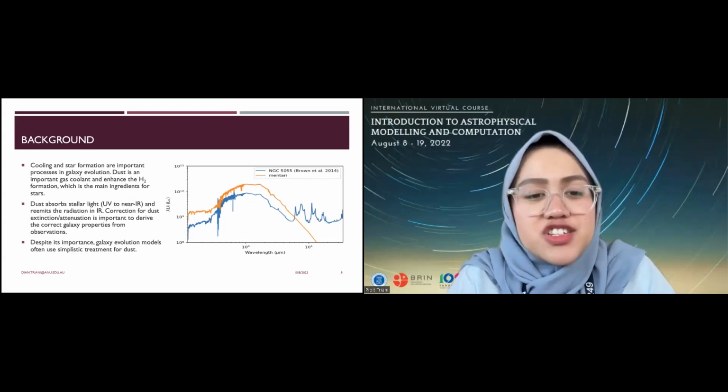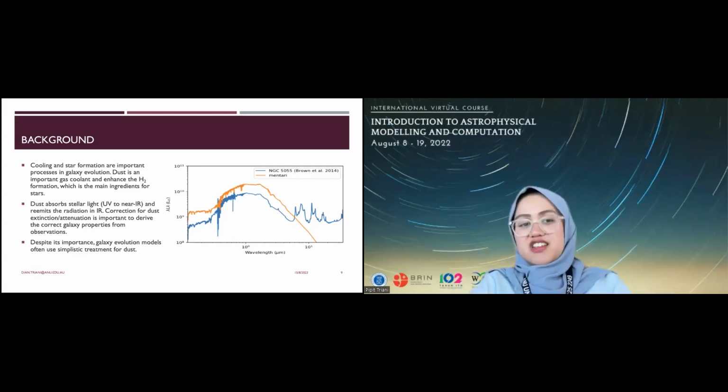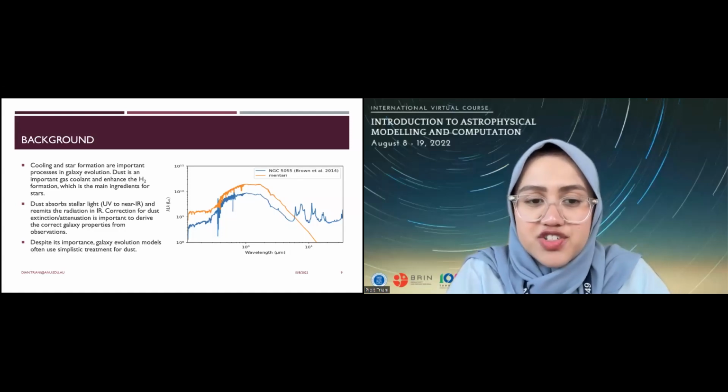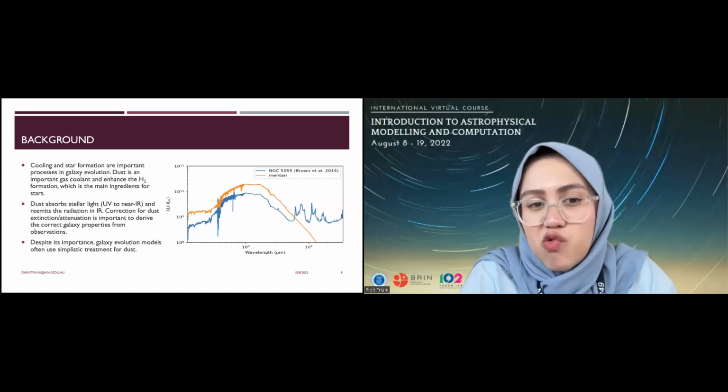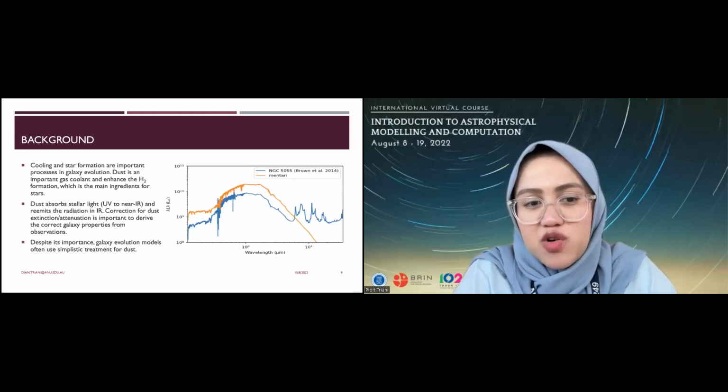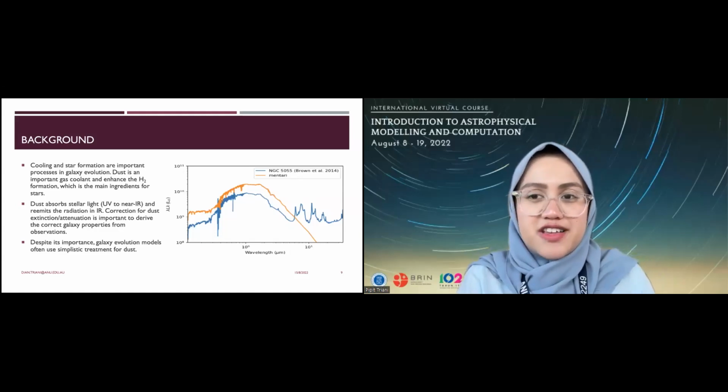And again, it changes the SED by absorbing the stellar light and emitting in the infrared. So correction for dust extinction or attenuation is really important. Otherwise, we have wrong galaxy properties from the observation. But the usual semi-analytic models usually don't really care about dust.